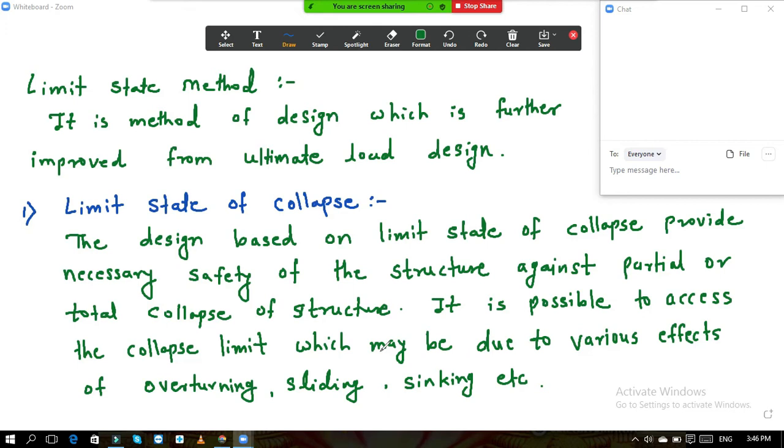Then sinking, or settlement, can occur in beams, columns and foundations. So the sinking limit of the beam, foundation or any other structural member can also be designed by this limit state of collapse, which gives us the allowable and permissible value of that.